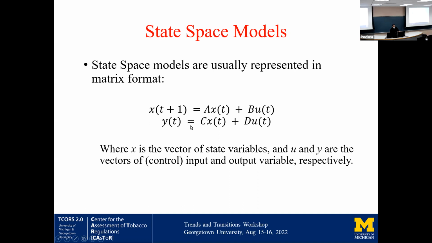So what you hope is that if you observe this y of t, the vector of outputs, there should be a somewhat one-to-one correspondence with these state variables, right? The point is that if I know this output, somehow I should be able to know the state of the system.